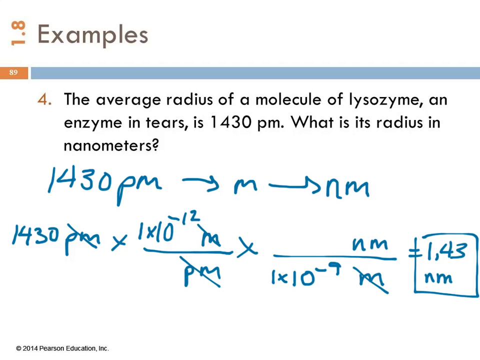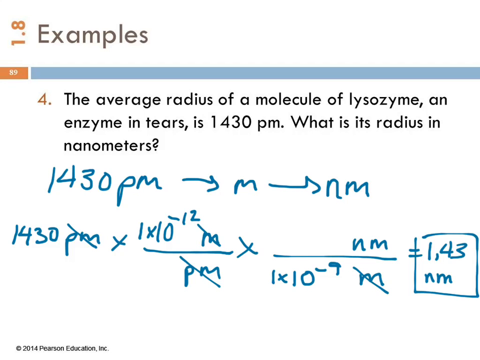Isn't the point of the metric system that when they're both the same unit and it's just different prefixes, you can do it instantly? You can do it very quickly if you understand what to do with the exponents. When you have 10 to the minus 12 and you're dividing by 10 to the minus 9, you can add or subtract exponents as appropriate.